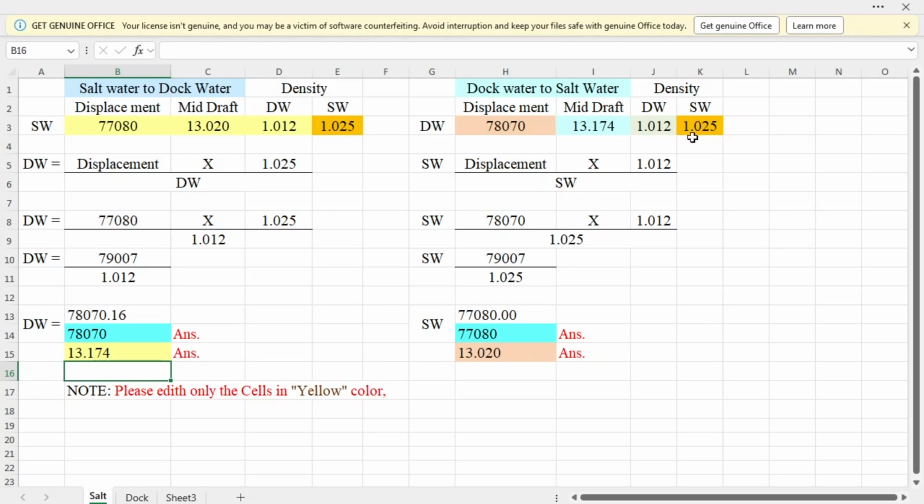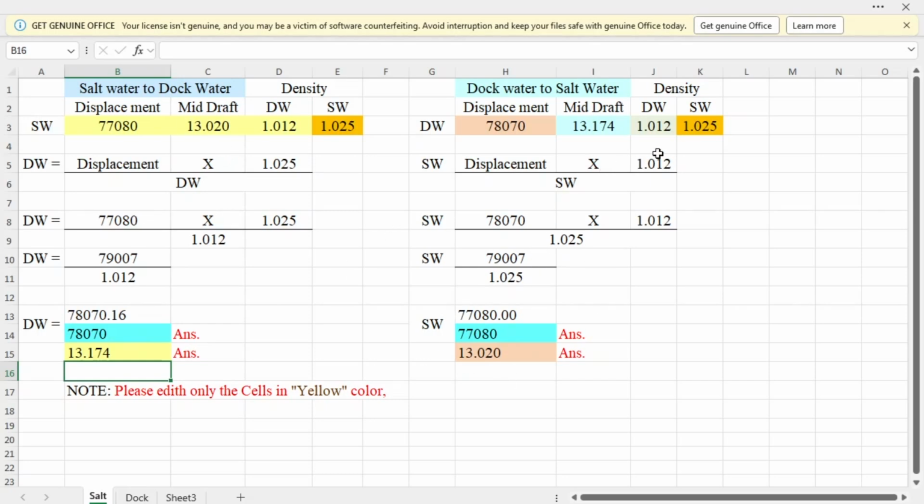To find the salt water displacement, this displacement of 78070 times your dock water density 1.012 over your salt water density, and you will have 77080, and the corresponding draft will be 13.02.